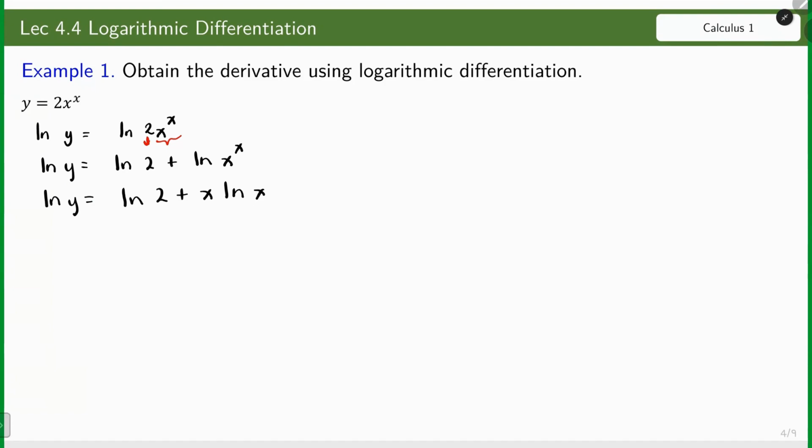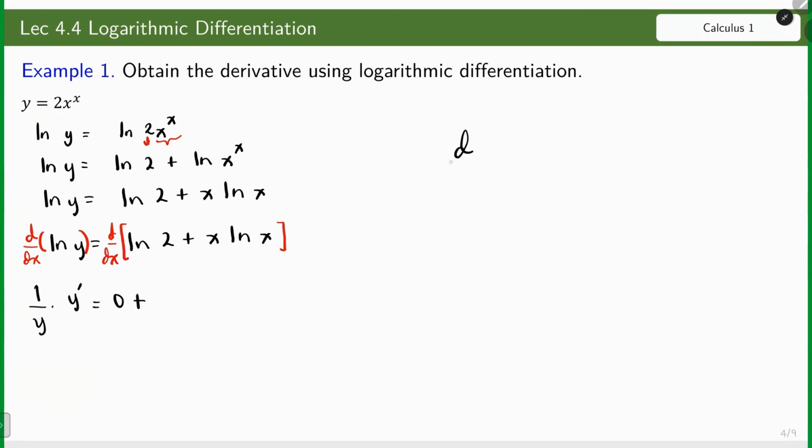Now, we are going to take the derivative of both sides of the equation. So let us just copy this. Taking the derivative of both sides of the equation with respect to x, the left side will be 1 over y times y prime. And then this is equal to 0 plus, how do we get the derivative of x ln x?